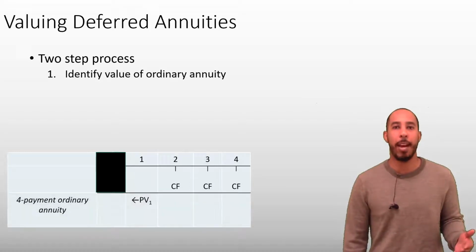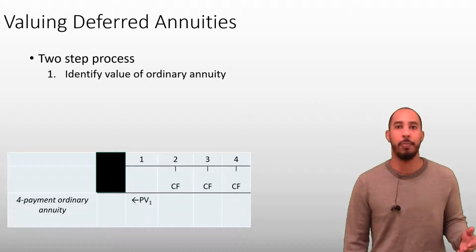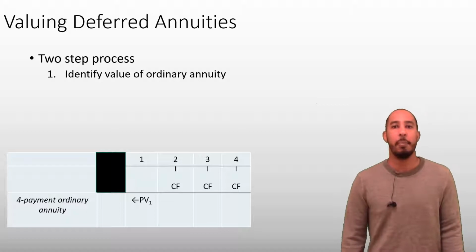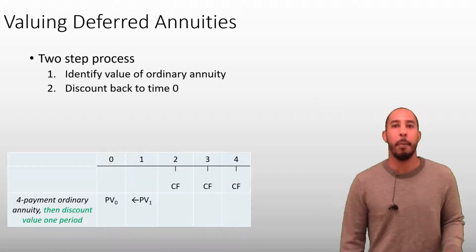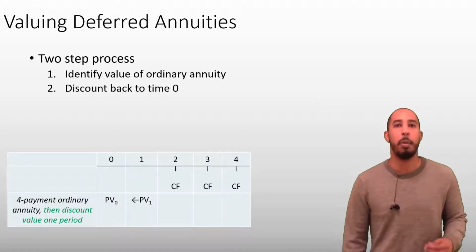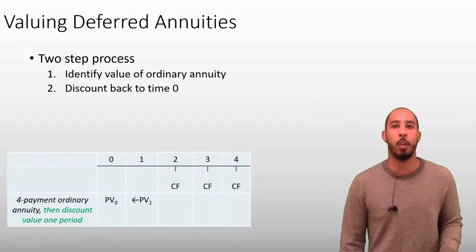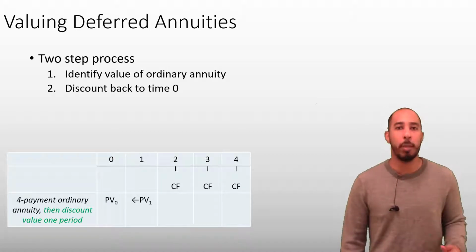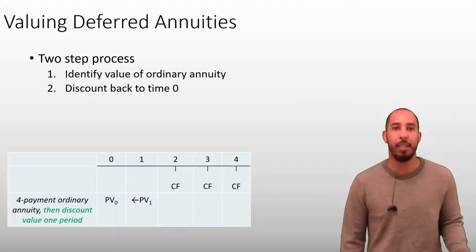And we know how to find the value of an ordinary annuity at time 1. The next step is to discount that ordinary annuity back to time 0. Remember, our goal is not to value the deferred annuity at time 1. Our ultimate goal is to find out the value today, at time 0. So discounting back 1 period to time 0 gives us the value of the deferred annuity today, which is what we want.